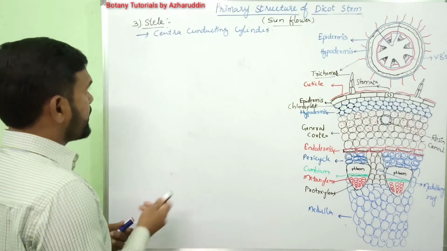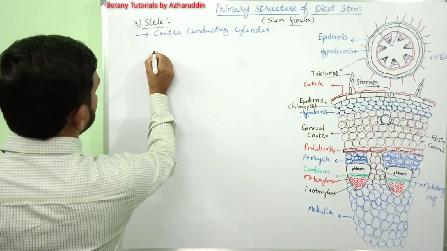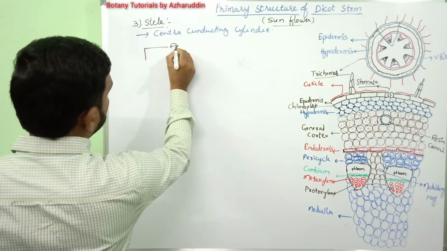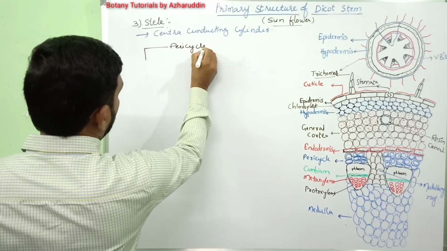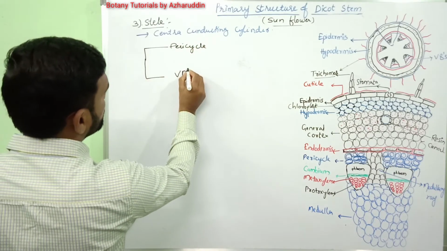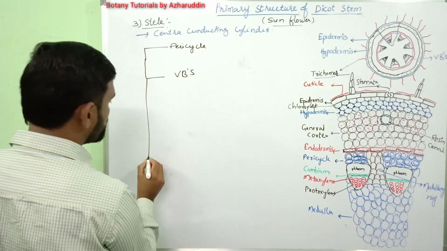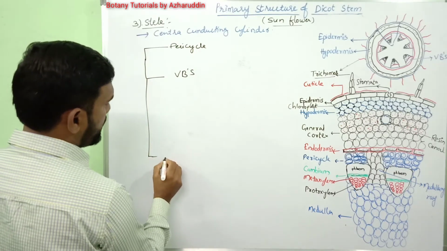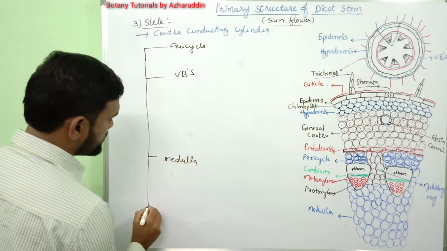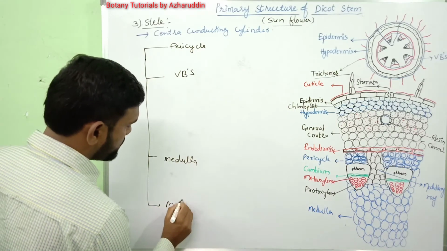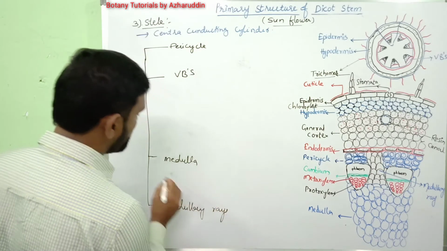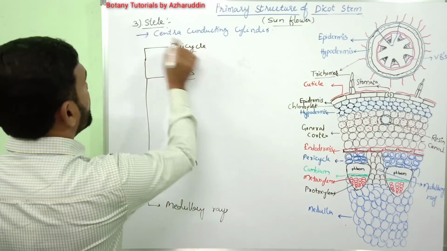They are: number 1, pericycle; second, vascular bundles; third, medulla; and fourth, medullary rays. These four types of tissues are present in the stele.